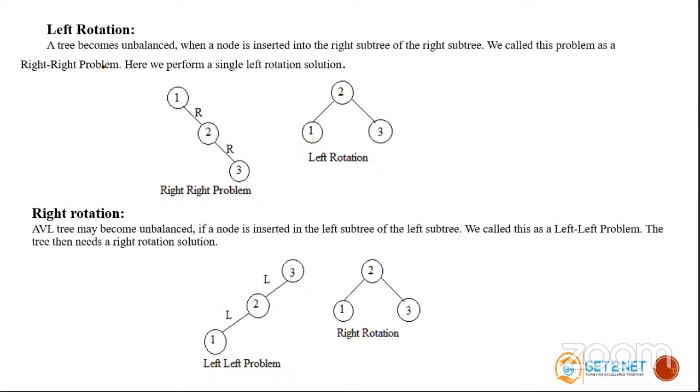Why are we saying it is a single rotation? Because the problem is right to right: a tree becomes unbalanced when a node is inserted into the right subtree of the right subtree.